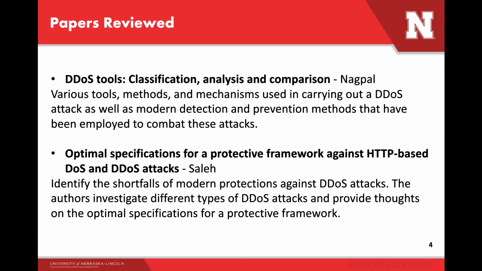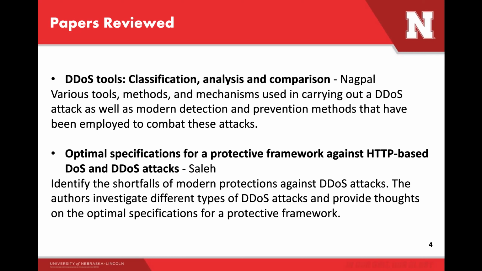And then the second paper that we looked at was Optimal Specifications for Protective Framework Against HTTP-based DoS and DDoS Attacks. In this paper, the authors attempt to identify the shortfalls of modern protection against DDoS attacks. The authors investigate different types of DDoS attacks and provide thoughts on the optimal specifications for a protective framework.